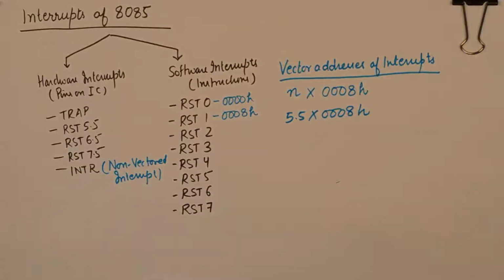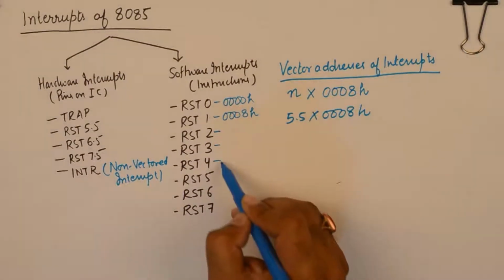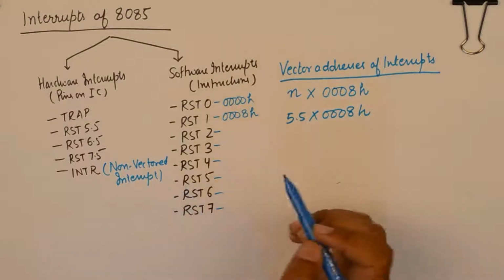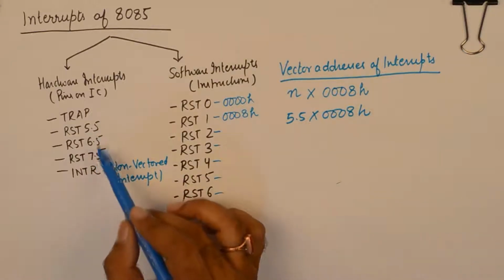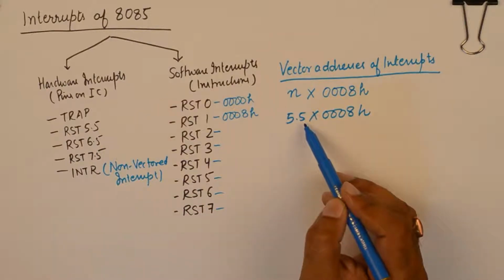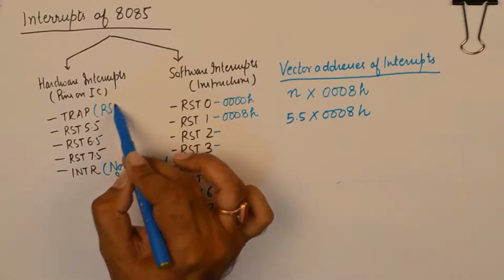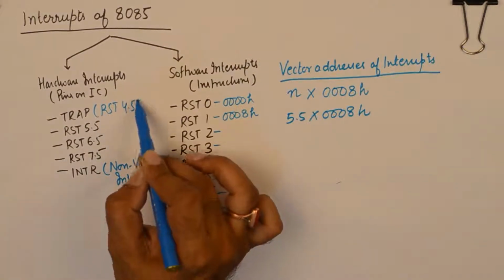Now I'll write down the vector addresses of all these interrupts here, and I'll show you how you can calculate the vector addresses of a numeral which has a decimal point. And TRAP, by the way, is another name for RST 4.5.